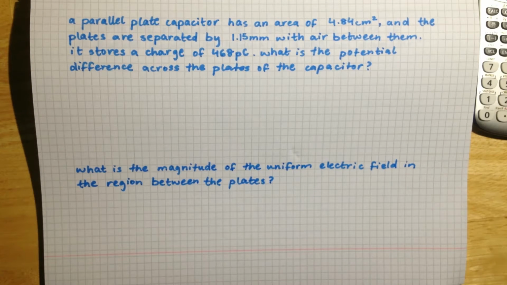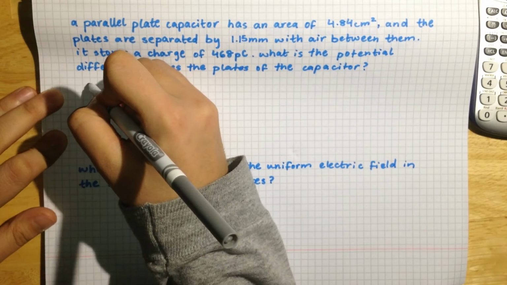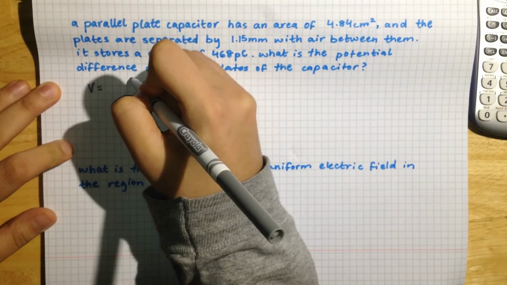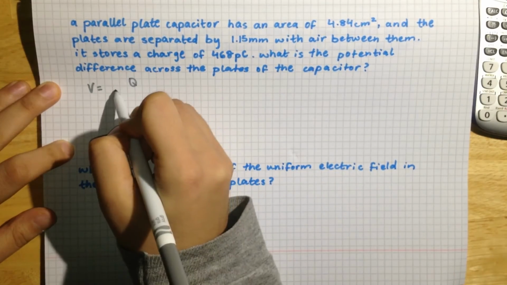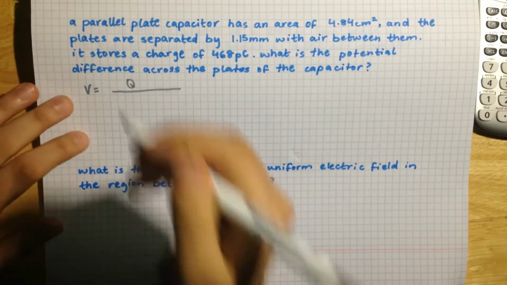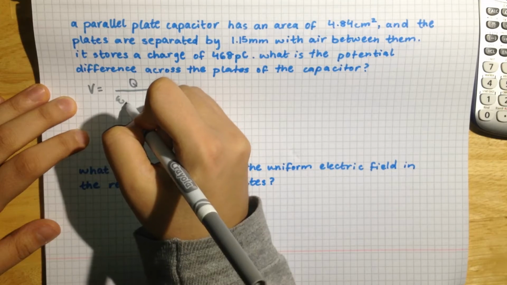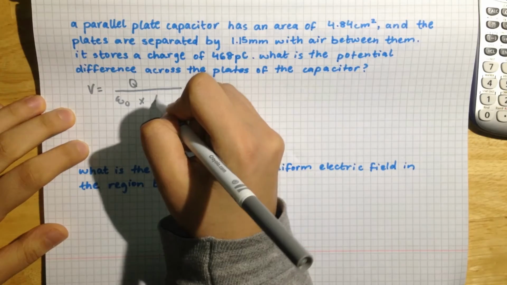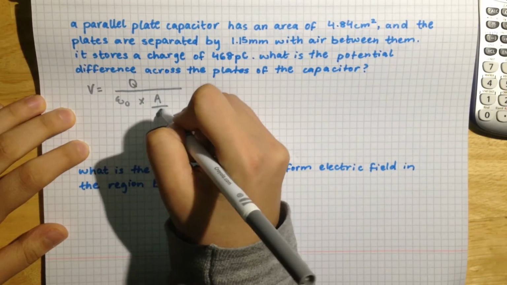Let's use the equation V, the potential difference, equals Q, the magnitude of the charge, divided by epsilon naught, which is a constant with a fixed value that we don't have to worry about, multiplied by the area over the distance.